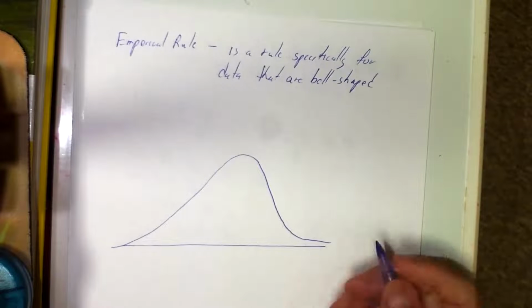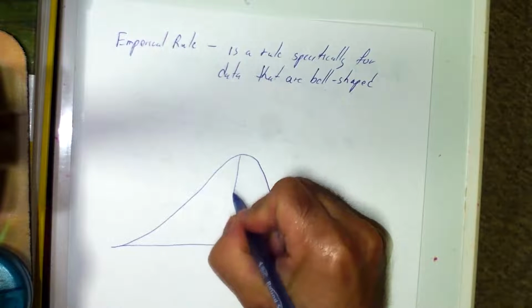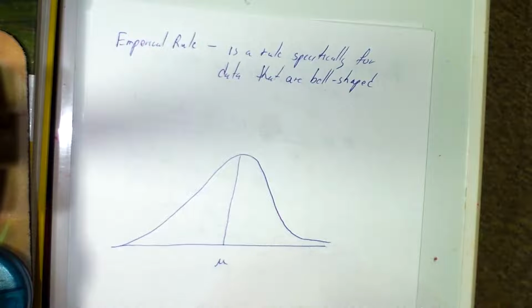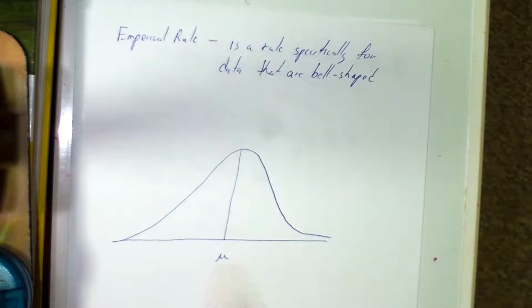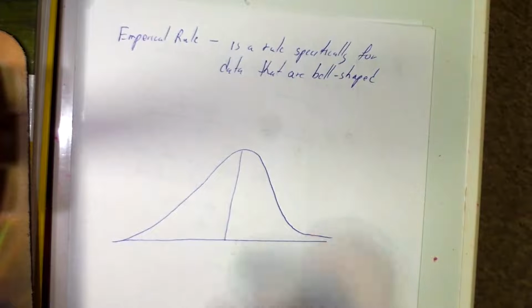So in the middle, right directly in the middle of the graph, is the mean. Because they're doing a sample, you remember what the sample mean notation was?